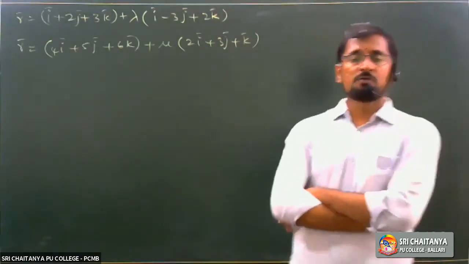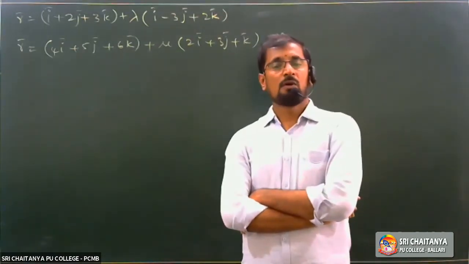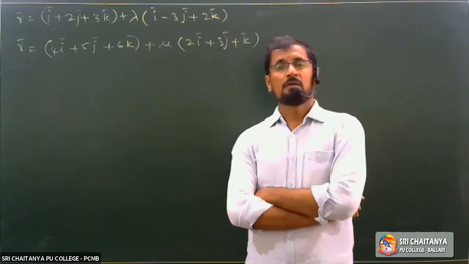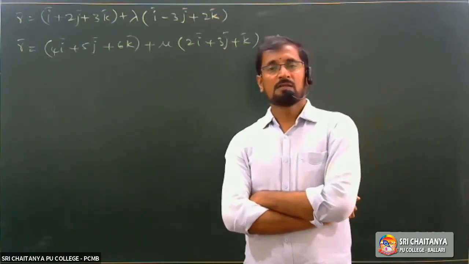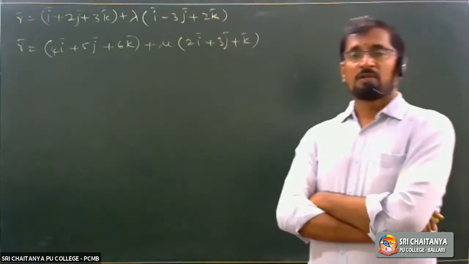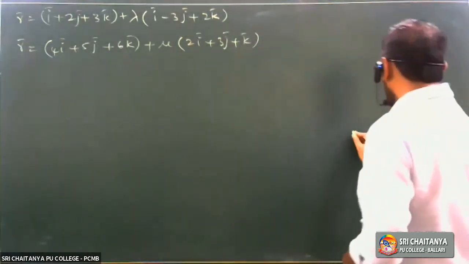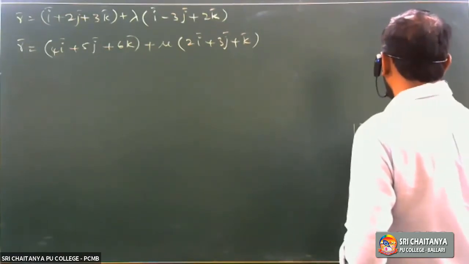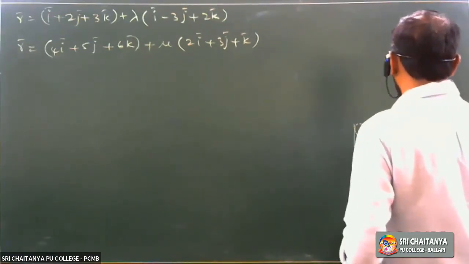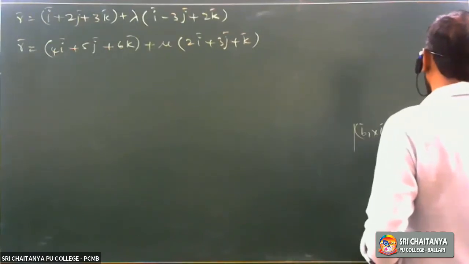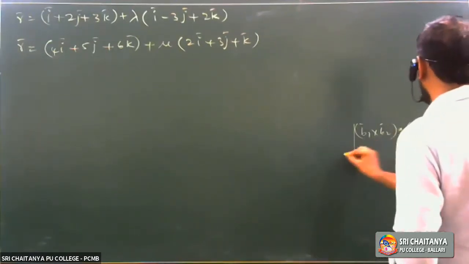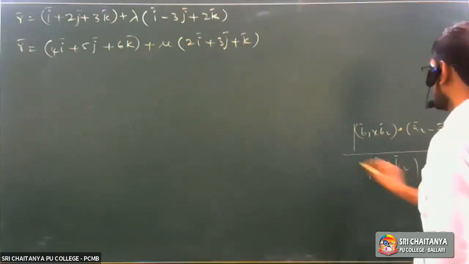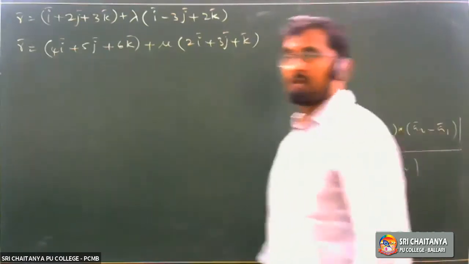After that, find the magnitude of B1 cross B2. After that, you should find A2 bar minus A1 bar. After completion of that, apply the formula: magnitude of B1 bar cross B2 bar dot A2 bar minus A1 bar upon mod B1 cross B2. This is the shortest distance formula, right?